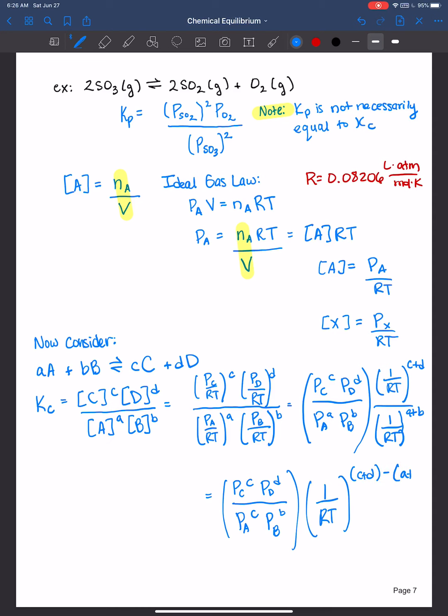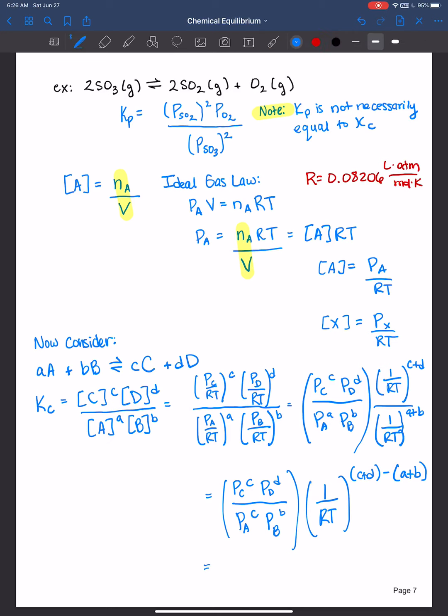Minus A plus B. All right. And we have seen this expression before. This is essentially the Kp expression.